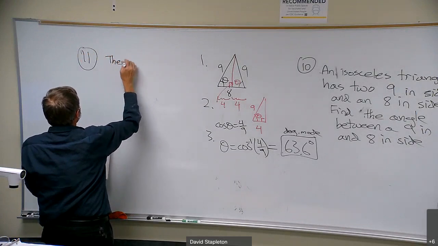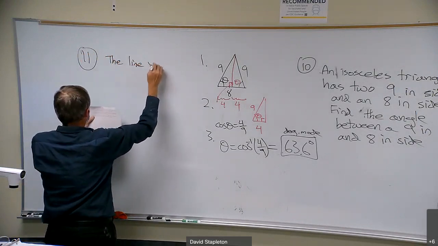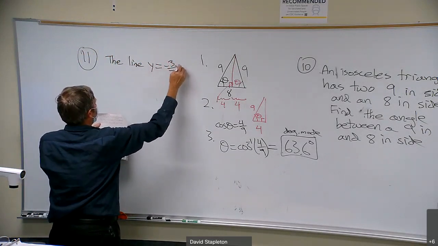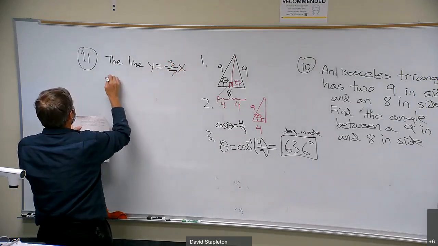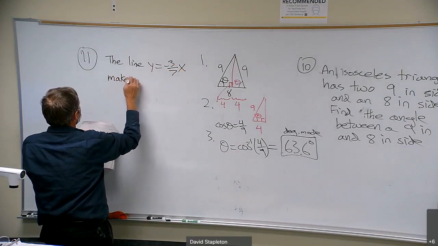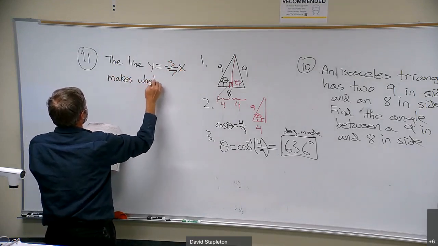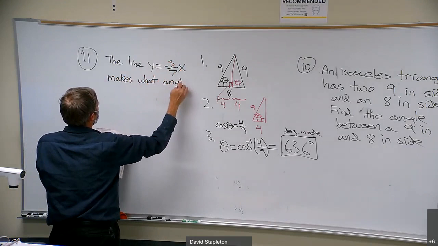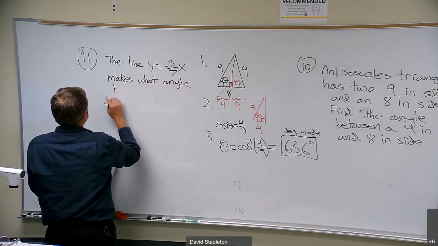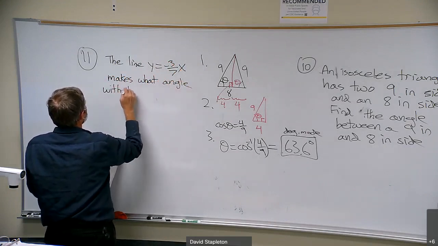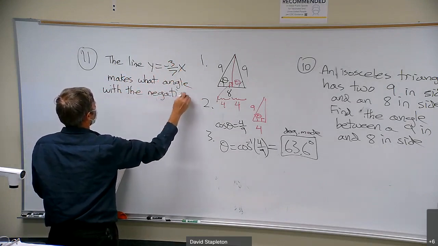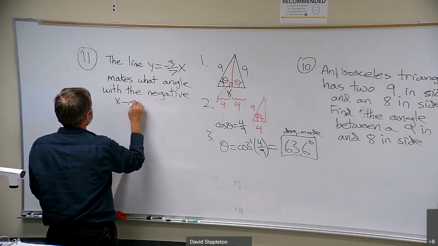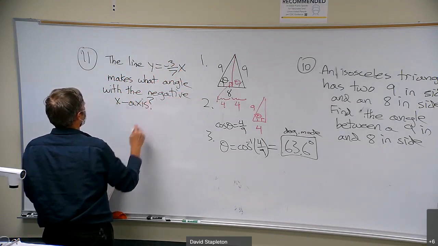Line y equals minus 3/7 x to the origin of the xy plane makes what angle with the negative x-axis? What does that mean? This is where the picture shines, right? Because it's kind of hard to figure it out from the words sometimes.